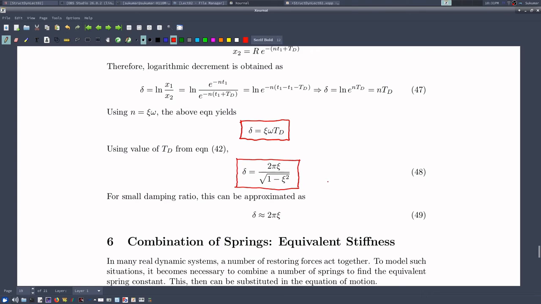All right. So this is how we can analyze damped vibration. So to summarize what we have seen, we have three types of systems.